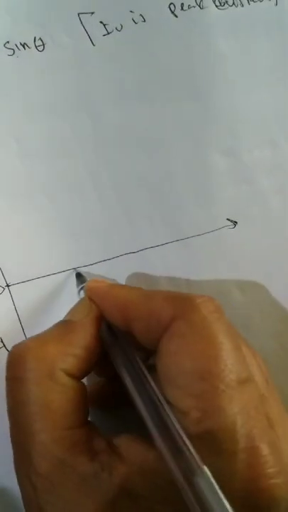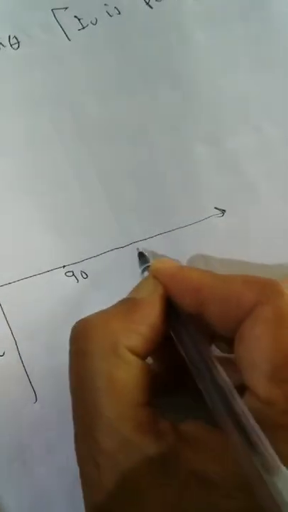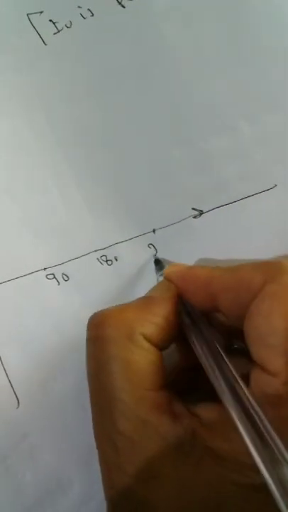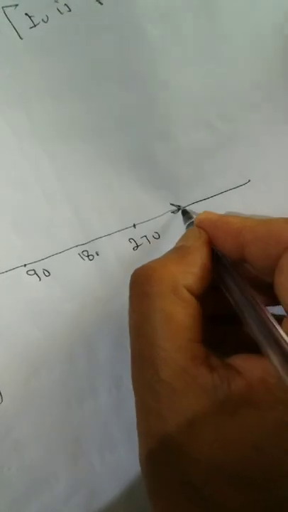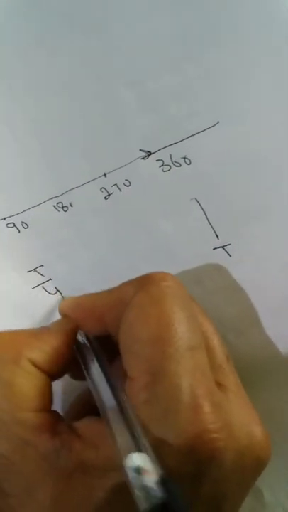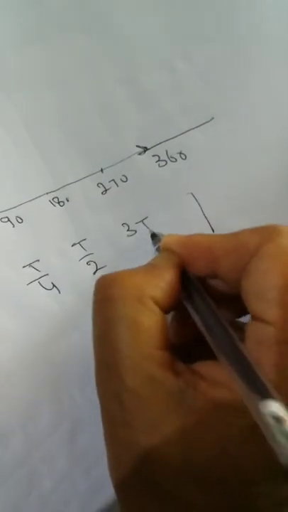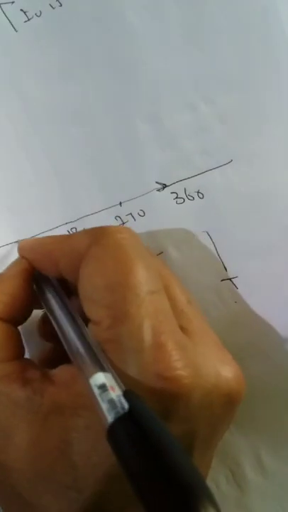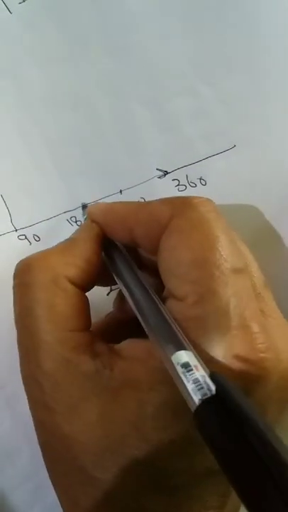Then theta is 90, 180, and it goes on to 270 and 360. 360 is a full time period. In terms of time, these are T by 4, T by 2, 3T by 4, and 4T by 4, which is equal to the time period T.